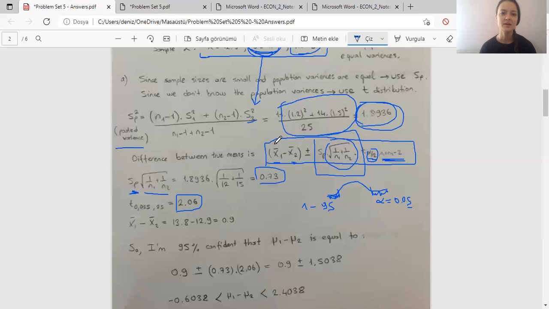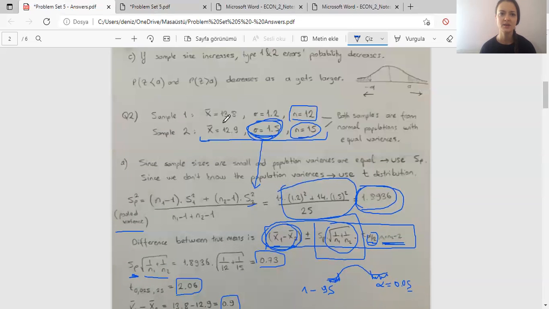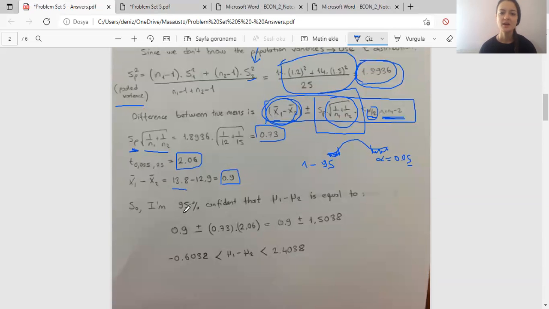And about the difference of the sample means part, we find 13.8 minus 12.9 is 0.9. They are given also. And then the confidence interval turns out to be 0.9 plus and minus the multiplication of these.